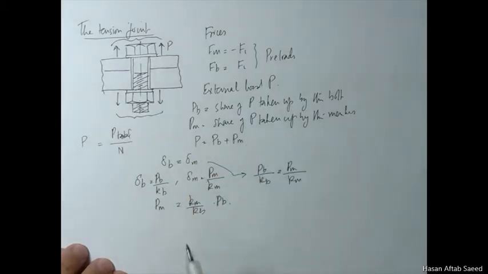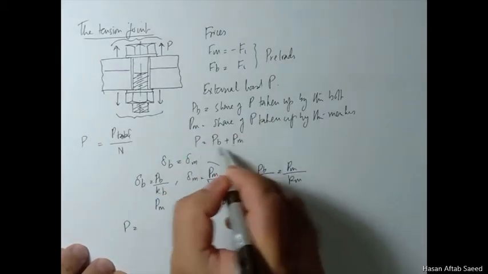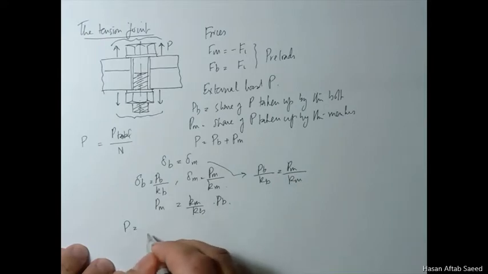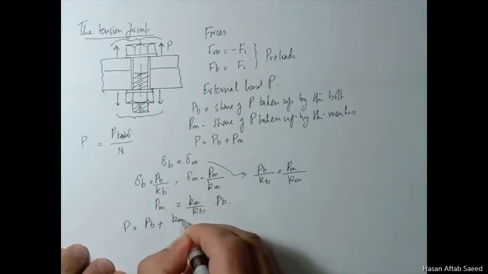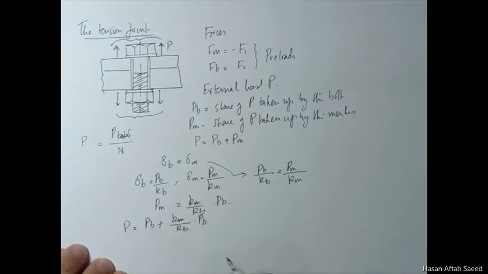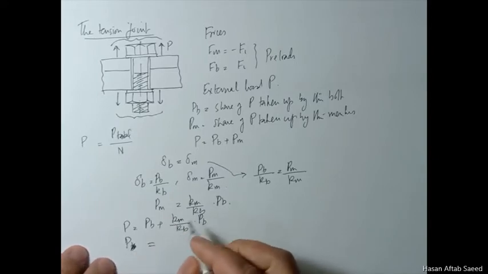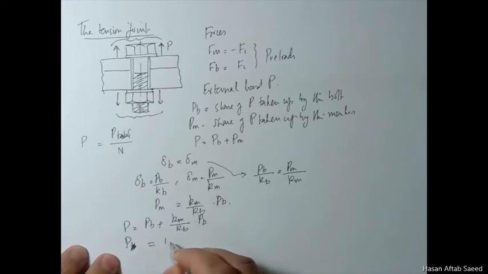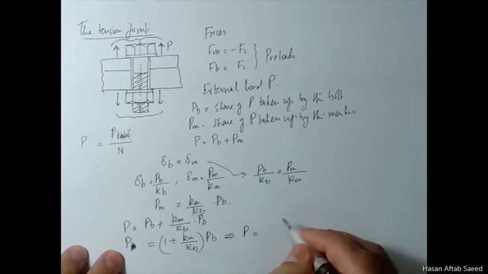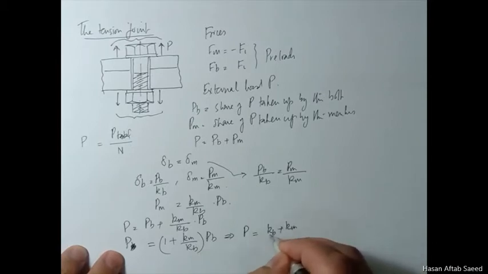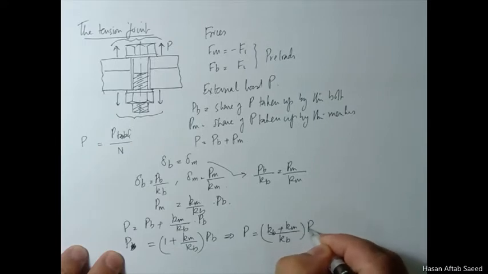Now if we put this in the original equilibrium equation, P is equal to PB plus KM over KB into PB, or we can write P is equal to 1 plus KM over KB into PB, which implies that P is equal to KB plus KM over KB into PB.